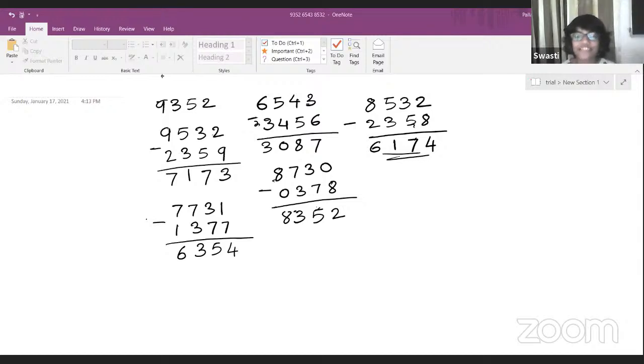And then again we will get 6174. And again 6174. Again 6174. And so on. Wow. And this is called the Kaprekar constant. This number 6174. Do you have any doubts or questions?